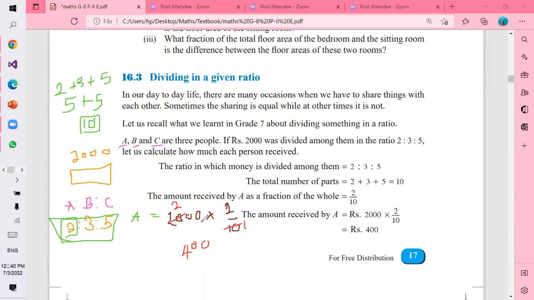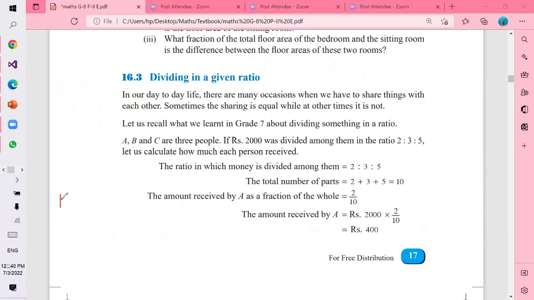Then we'll find B's amount. Now we know that the simplification process goes like this. So let me clear. So now we'll find B's amount.